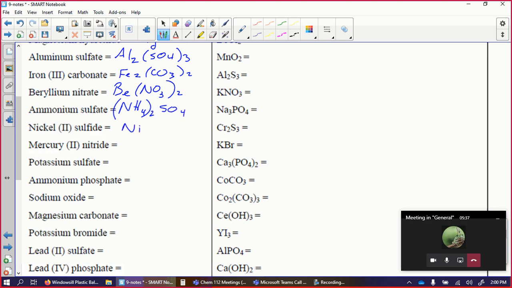Nickel 2 sulfide is NiS. Hg3N2. K2SO4. Oh. Sodium oxide.